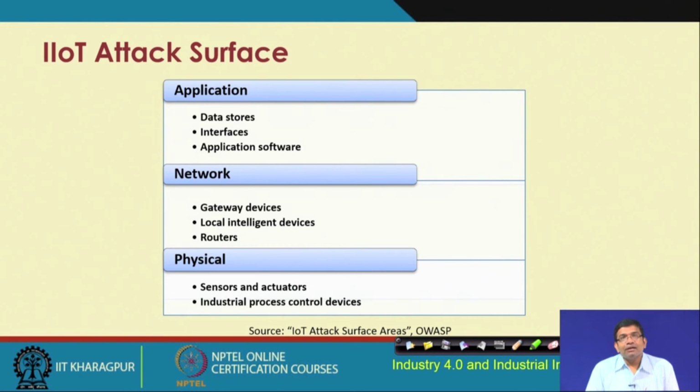And at the physical level, the sensors, the actuators, and the industrial process control devices are the different points of attack. So, the IIoT attack surface is quite big. There are diverse points of attack on the IIoT system due to the integration of so many different concepts, so many different technologies, which are heterogeneous and quite diverse.